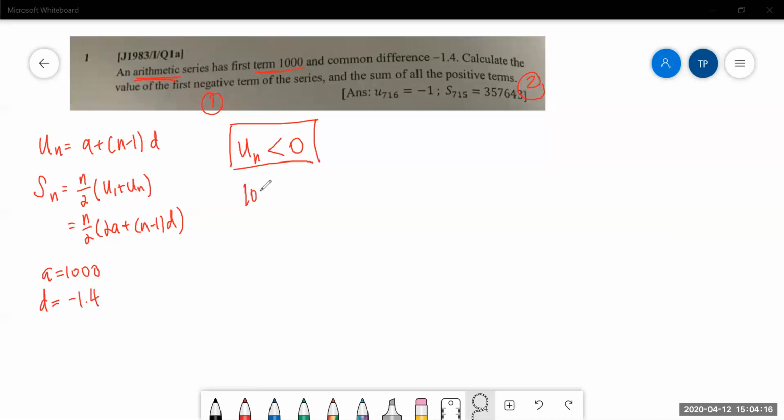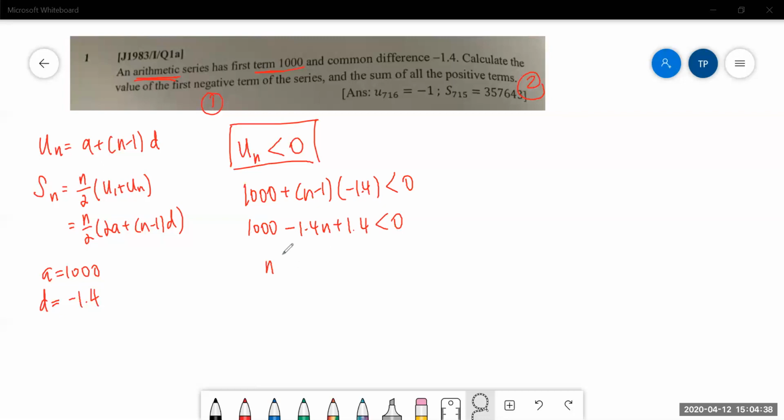So we have 1000 plus (n minus 1) times minus 1.4, less than 0. So from here we have 1000 minus 1.4n plus 1.4 less than 0. After you solve, you get what?